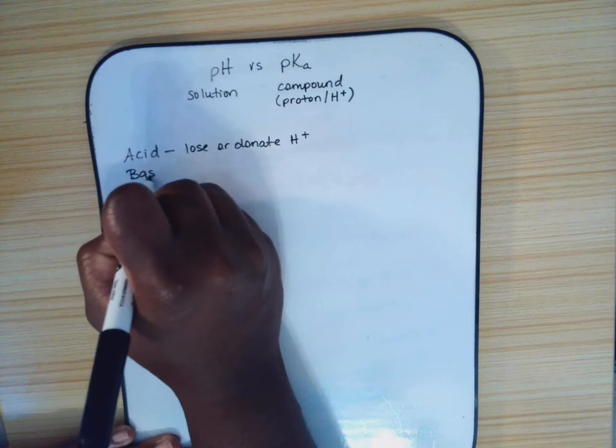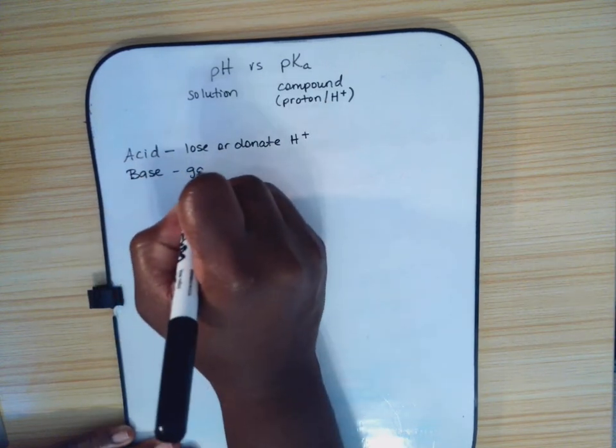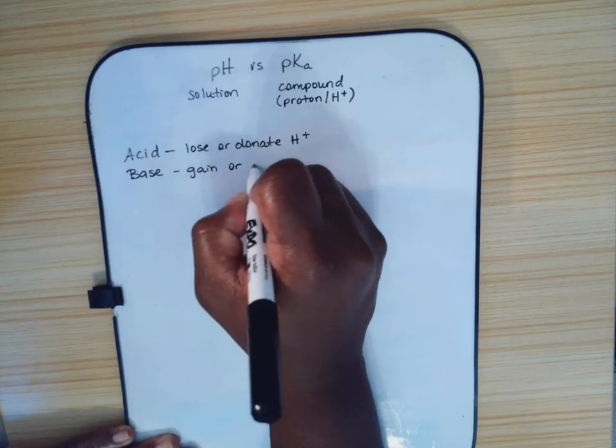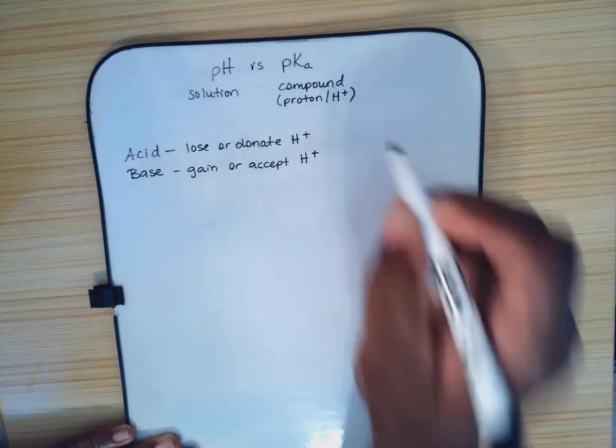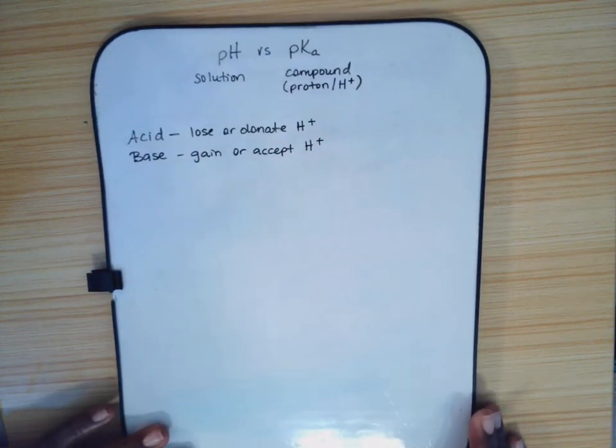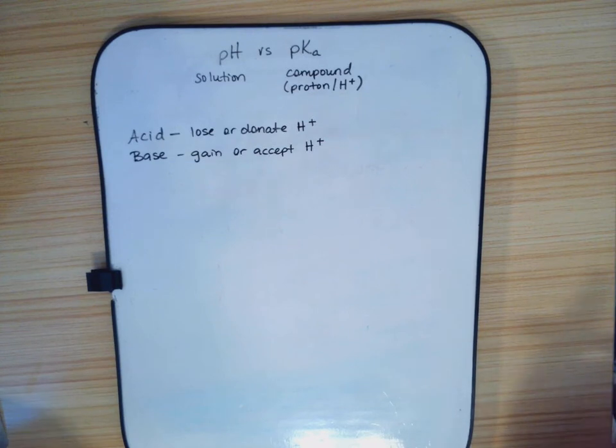Bases will gain or accept a proton. So we're either looking at the loss of that hydrogen ion or gaining the hydrogen ion. This video, again, I'm going to focus mostly on acids, which would lose.